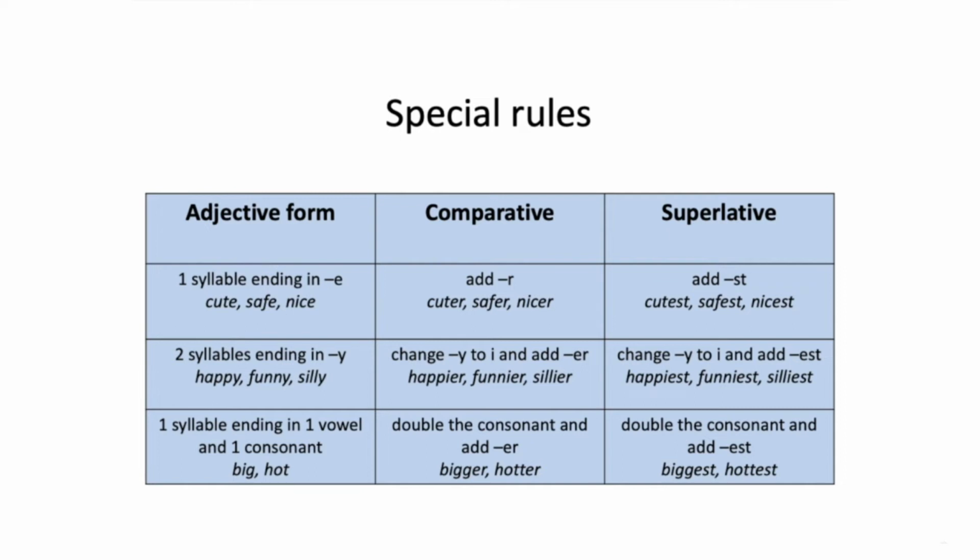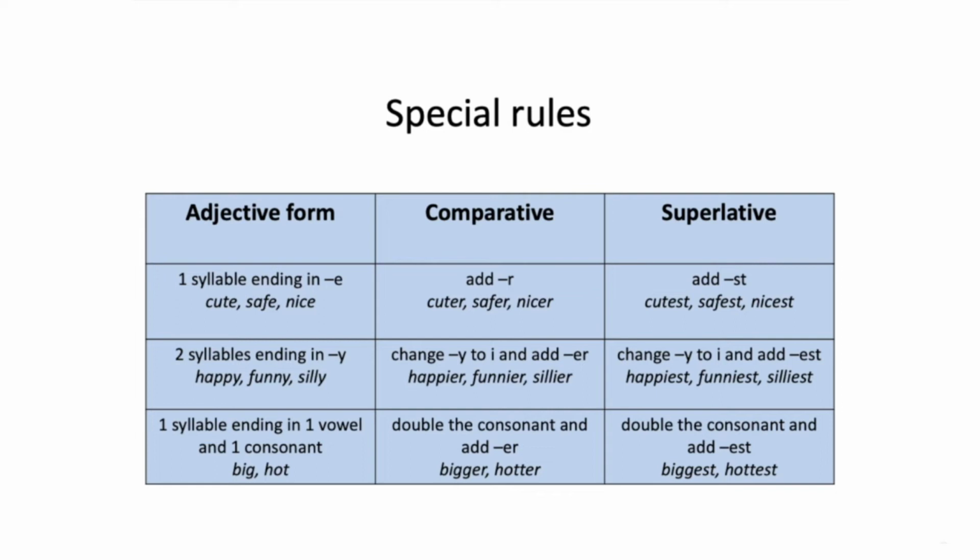And finally, if an adjective has one syllable and ends in one vowel and one consonant, we form the comparative by doubling the consonant and adding ER, and form the superlative by doubling the consonant and adding EST. For example, big and hot.